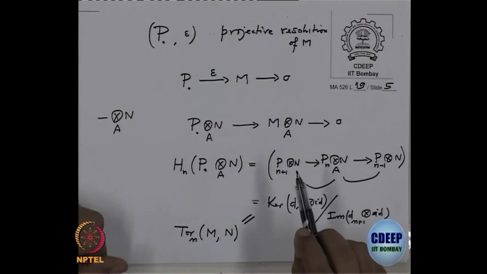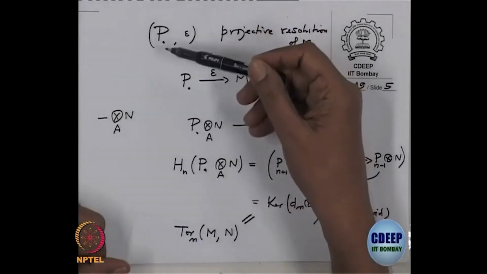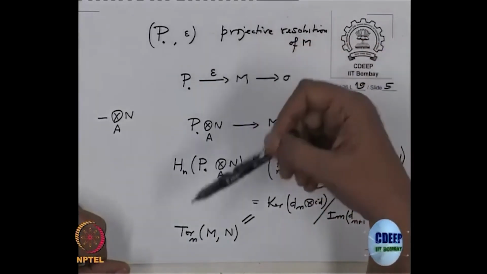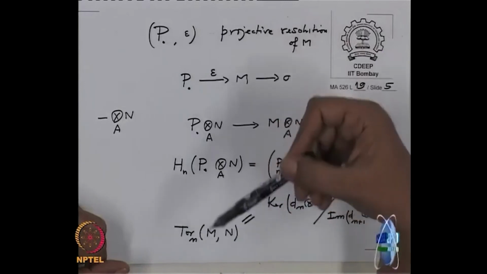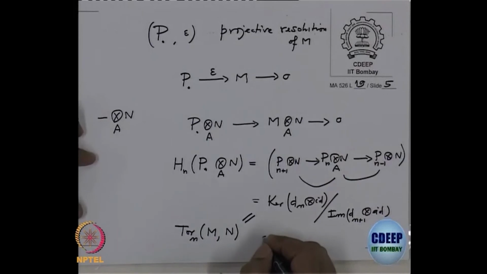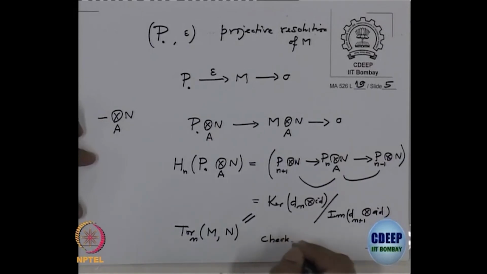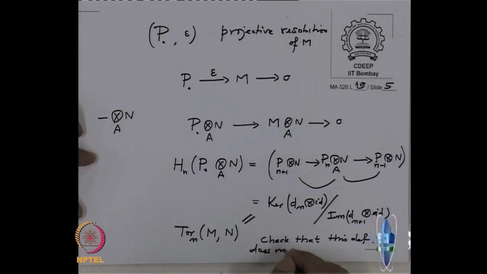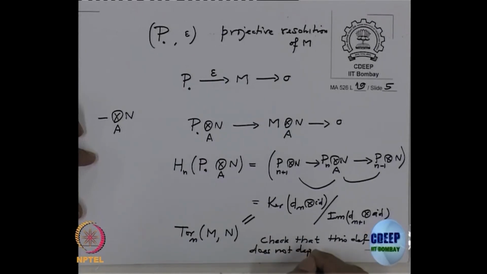Now there are several things to check here. Namely, somebody may start with a different projective resolution. So, we have to check that this definition does not depend on the projective resolution. I will only say: check that this definition does not depend on this projective resolution.